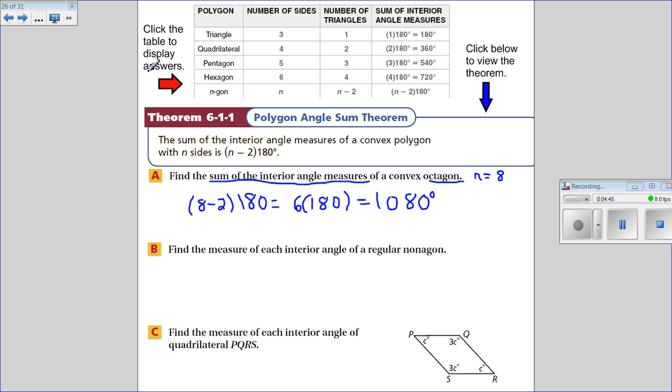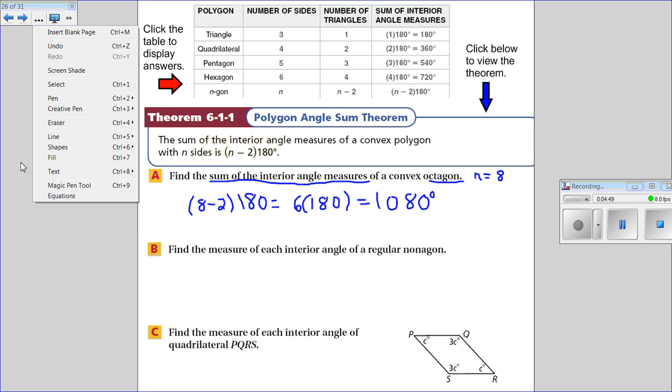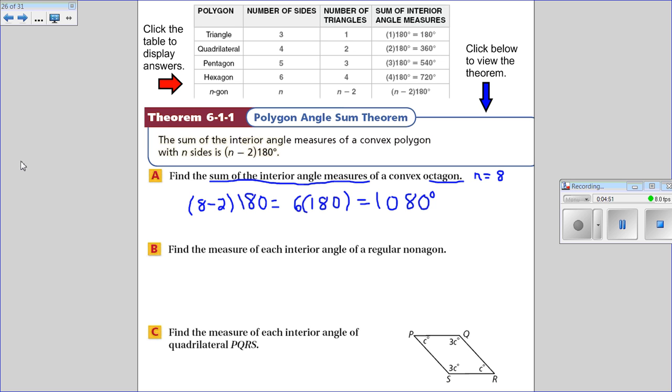Well, the question comes to bear: what if it doesn't ask for all of the interior angles added up, the sum in other words? What if it asks for each interior angle? The only way we could do this right now is if it was a regular shape, regular meaning all the angles are the same.